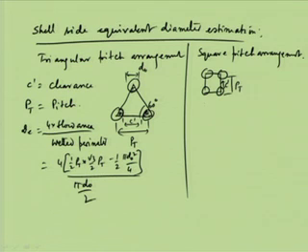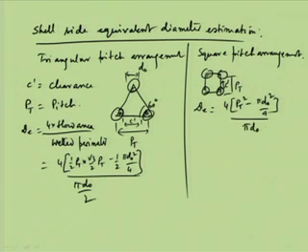Then we can write that DE is equal to 4 times the flow area, which is PT square minus 4 into this shaded area, which is nothing but the area of a tube, pi d naught square by 4, divided by the wetted perimeter. The wetted perimeter is the whole perimeter of a tube, that is pi d naught. So, this is the relation that is used for calculating the equivalent diameter.